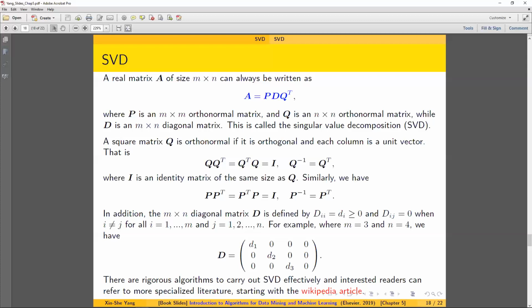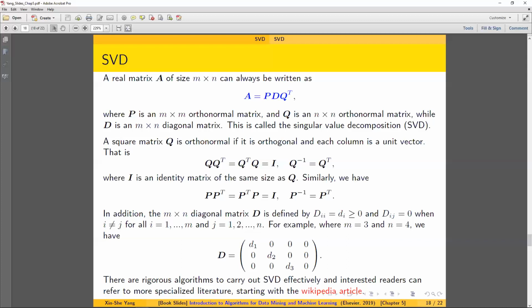And then Q times Q transpose, which is the same as Q transpose times Q, should come back with the identity matrix. In other words, Q inverse is equal to Q transpose, where I is the identity matrix of the same size as Q, and similarly P is orthonormal, so that P inverse equals P transpose. So that's something you should know.